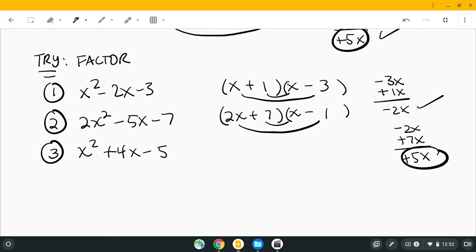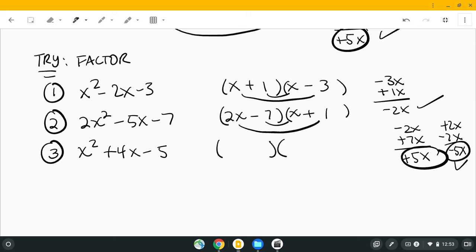However, it's so close. When you have just the wrong sign, that's a very easy fix. All you need to do, if you have the wrong sign, is just switch the signs. Then that will give me positive 2x, negative 7x, giving me negative 5x, which is what I want. So if you're off by the sign, not a big deal, just change them.